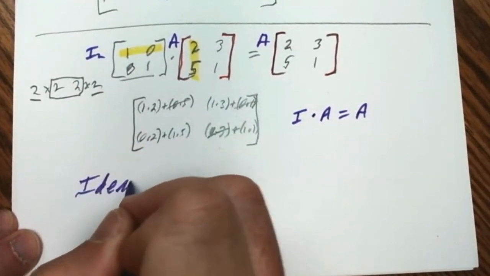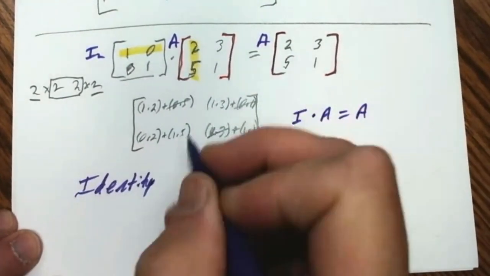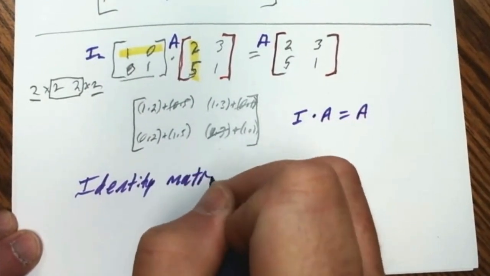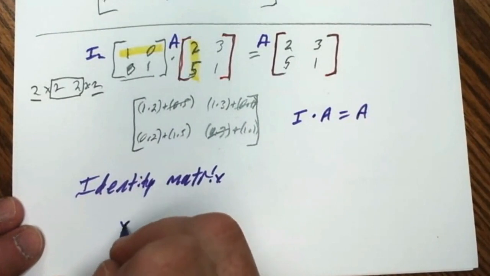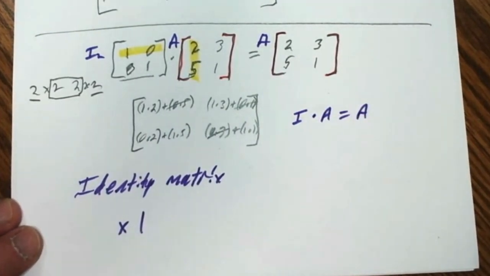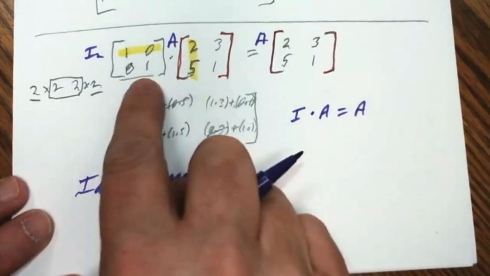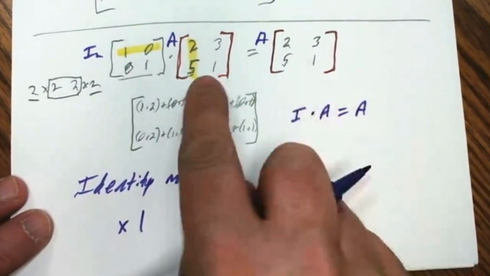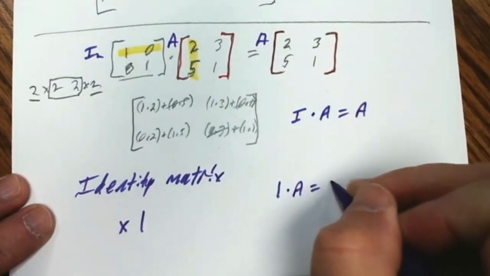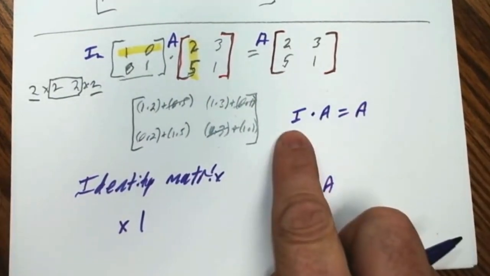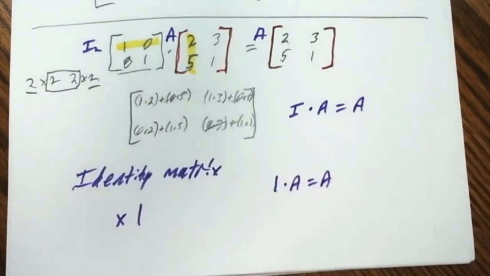So an identity matrix is the same as multiplying times 1. That's really what we did. We multiplied this matrix times 1 because we got itself. 1 times A equals A. The identity matrix is a matrix that multiplies by 1.